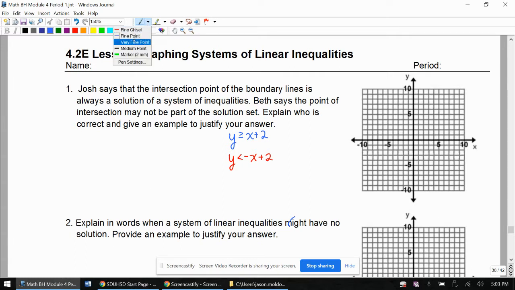Let's see. We'll start with our blue line. And we're going to put a point on the y-intercept with a slope of 1. And this one is solid.